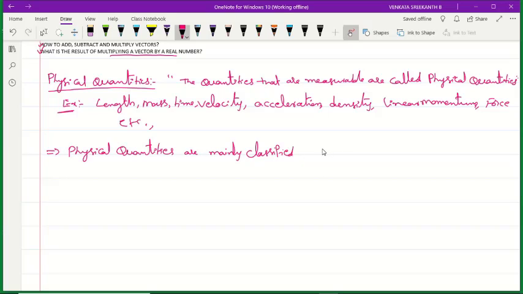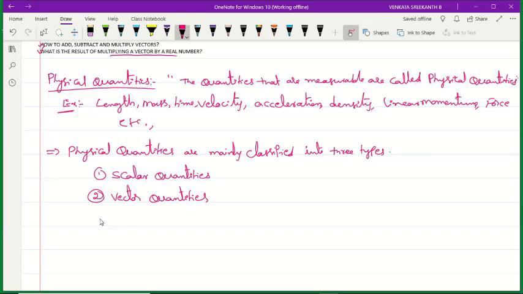First one is scalar quantities. Second one is vector quantities. Third one is tensor quantities. We will discuss all these things one by one.